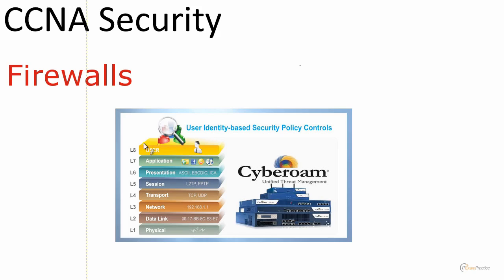And that's what a lot of vendors use to describe that a firewall, a UTM device in most cases, is a layer 8 firewall. It means it is aware of things that a user does every day. User identity based security policy solutions as well. That's a name for it as well.